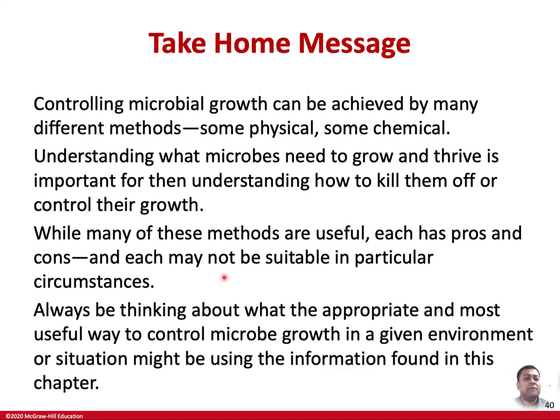And that is true even for the next chapter that we are going to see, that there are many different types of antibiotics, antivirals, and antiprotozoals, and each is not suitable for every case. So we're going to talk about that. So this will be the end of chapter 8, which is the microbial control of microorganisms.